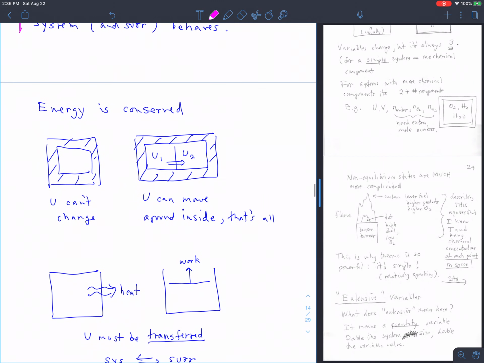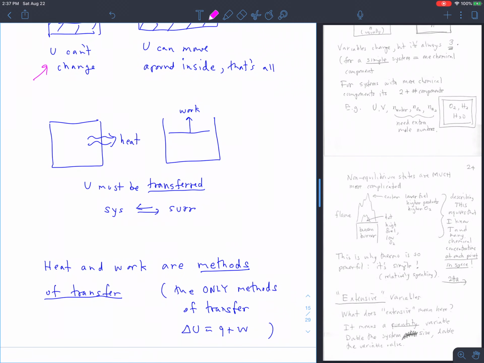The fact that energy is conserved means that the total energy inside the system can't change, but it can still move around, right? If I've got 2 little parts, subdivisions within my system, then energy can move around inside the box. The total energy can't change, which means that whatever energy is lost by one part of the box is gained by another part of the box, and vice versa.